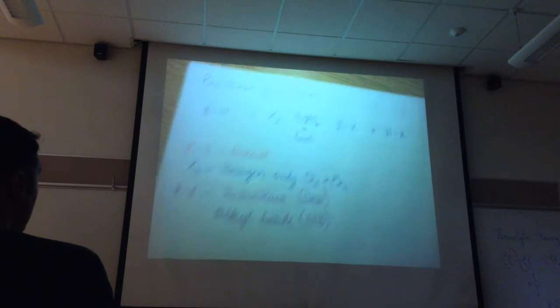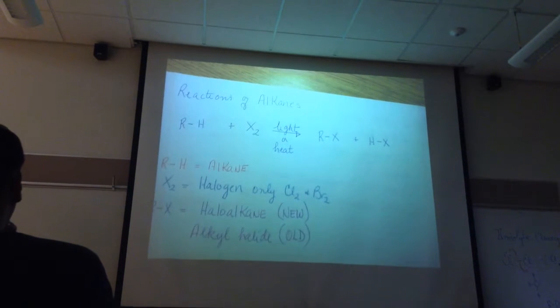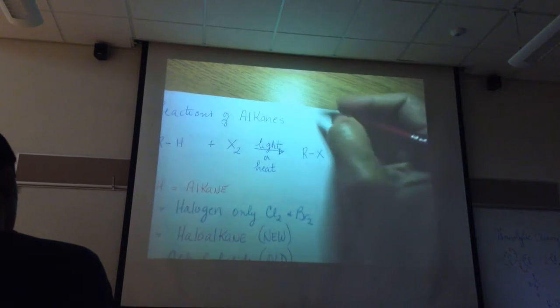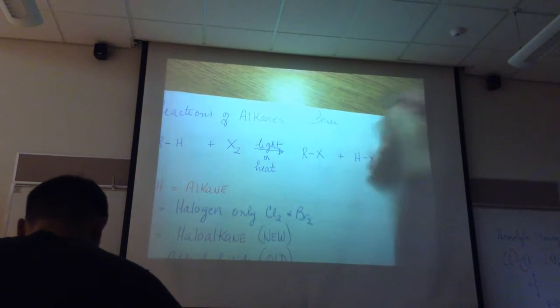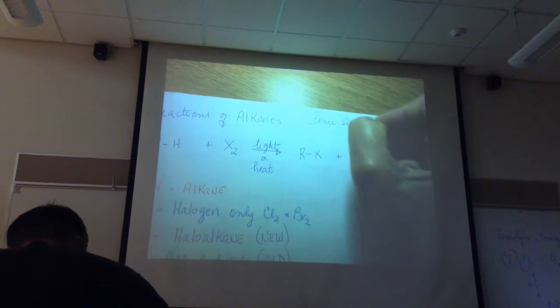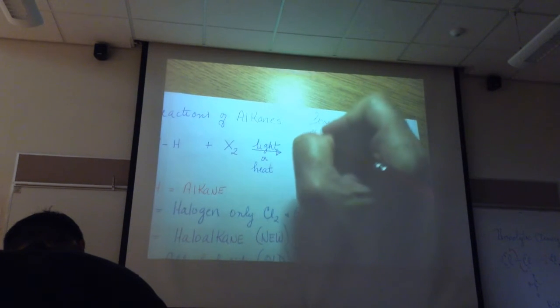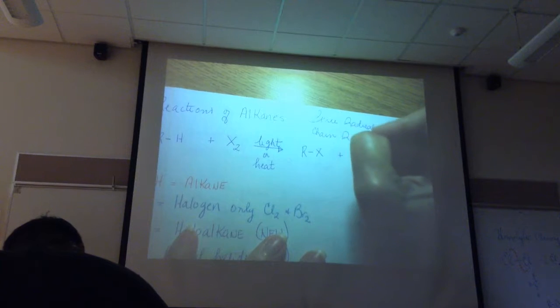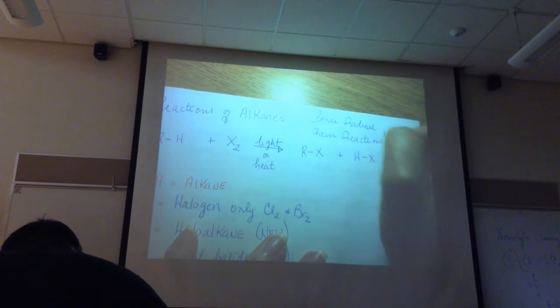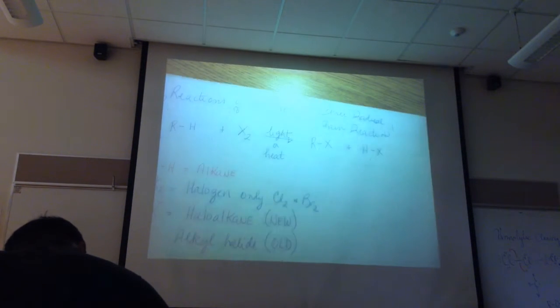So back again with this. The reactions of alkanes are called free radical, you see why, and then chain reaction. So it's a free radical chain reaction. Three distinct steps in your mechanism.